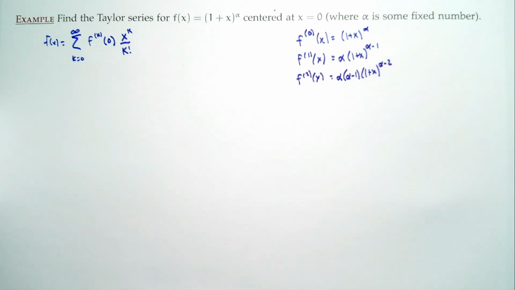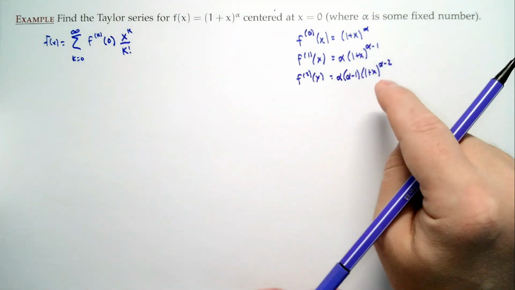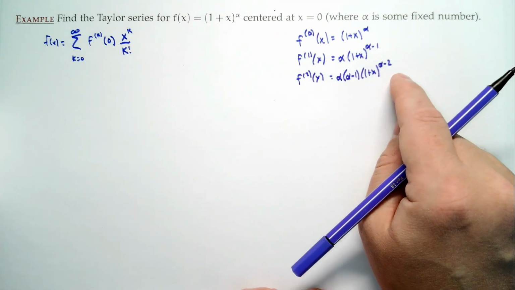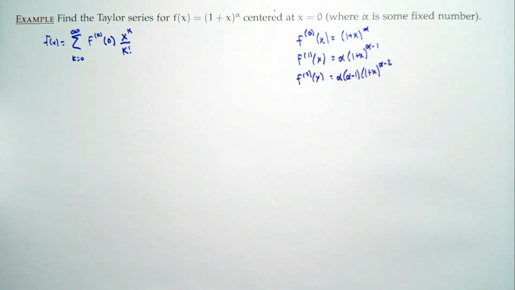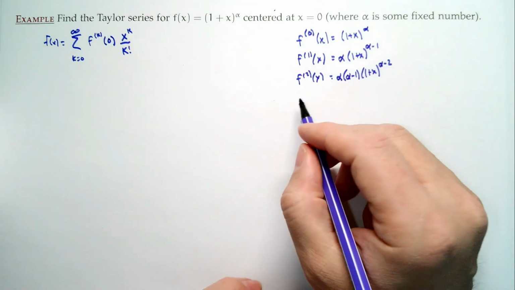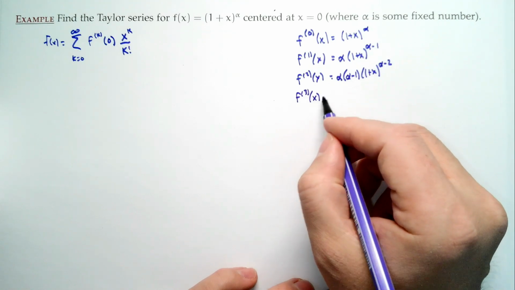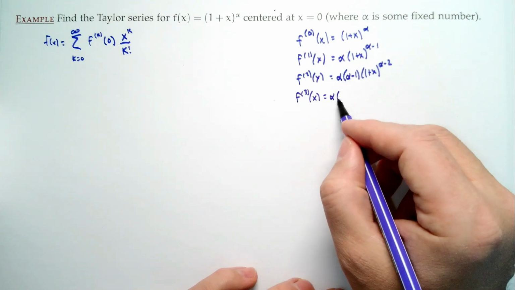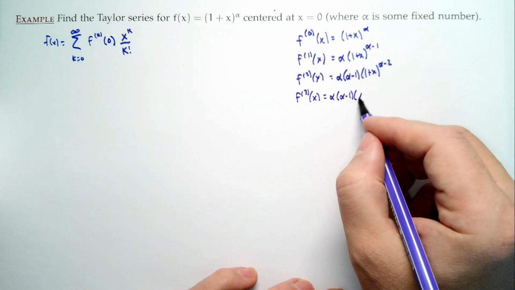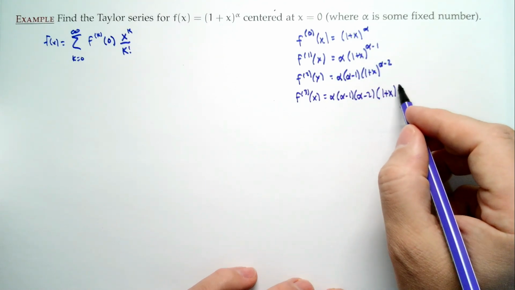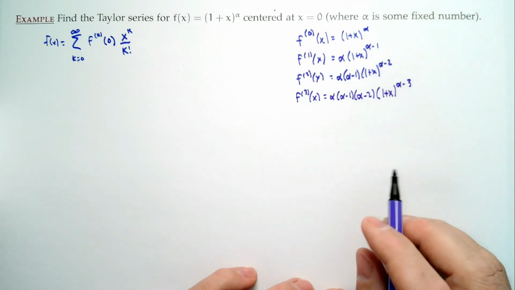By the way, I should have pointed out, if you're doing the chain rule, which you should, the derivative of 1 plus x is 1. So there's another times 1 on the outside, but it's redundant, so that's why I didn't write it down. The third derivative is alpha times alpha minus 1 times alpha minus 2 times 1 plus x to the alpha minus 3.